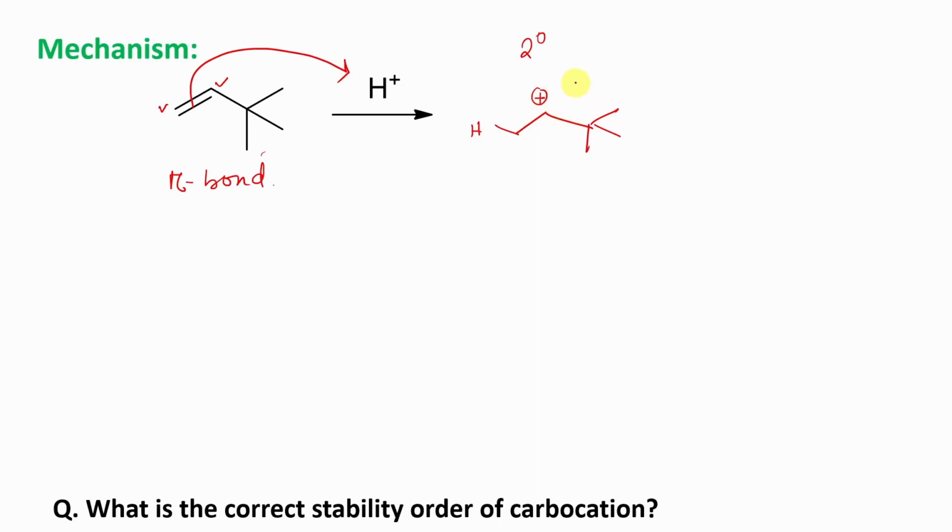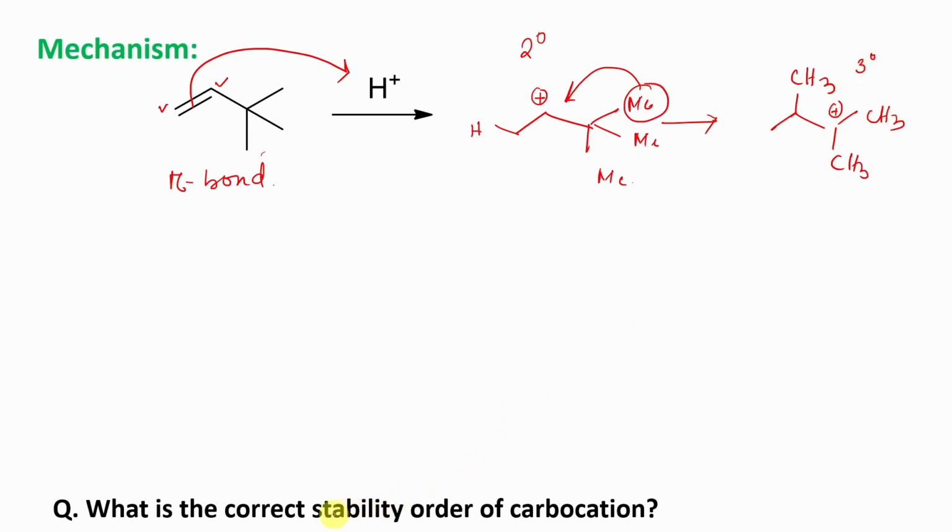And second statement, please remember that if there is a chance of carbocation rearrangement which will ultimately result in a more stable carbocation, it will happen. And in this case it is possible. How? You can consider that one of the methyl groups can migrate from here to here. If it migrates, then the methyl is here, and it will result in another carbocation which is actually tertiary.